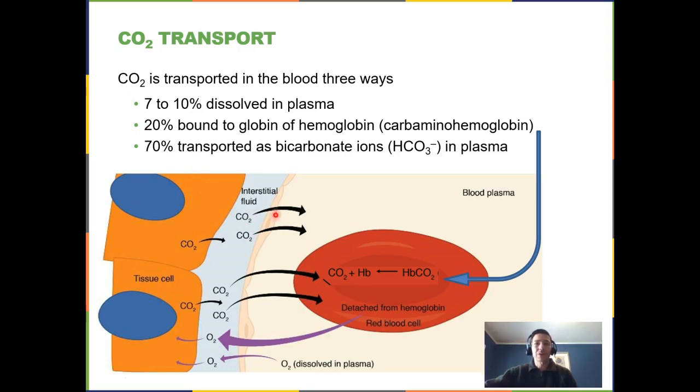It goes from the tissues into the bloodstream and floats around in the plasma the same way CO2 floats around in your soda. 20% of it is bound by hemoglobin. So this is the 20% of the CO2 that sticks to hemoglobin and is transported as carbaminohemoglobin. And then the 70% number here is not represented on this slide.